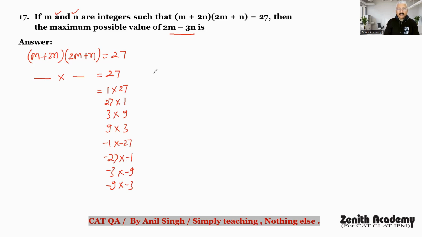Means if I take this factor, then m plus 2n will equal 1 and 2m plus n will equal 27.